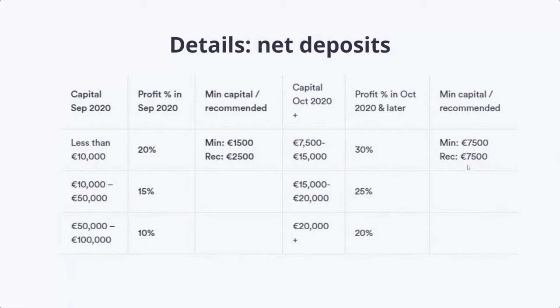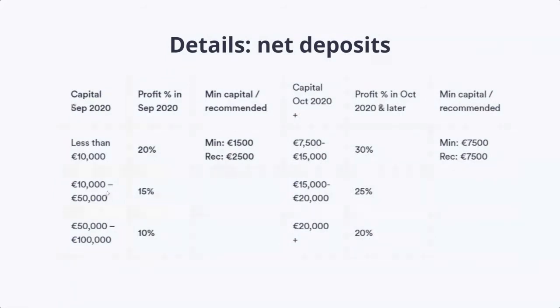The percentage you get in September is valid forever, as long as you keep the original deposit on the account. So you basically have to keep a net deposit there to keep 20%. If you want to keep 15%, you have to have a net deposit of 10,000.